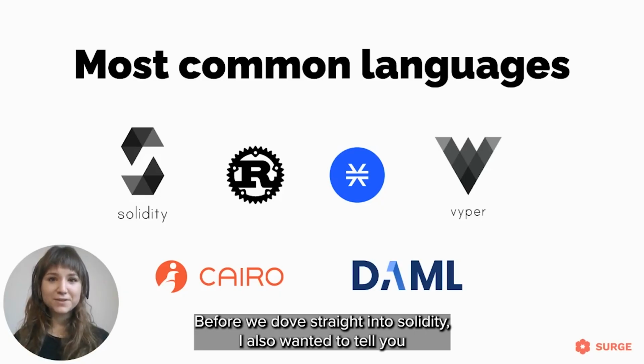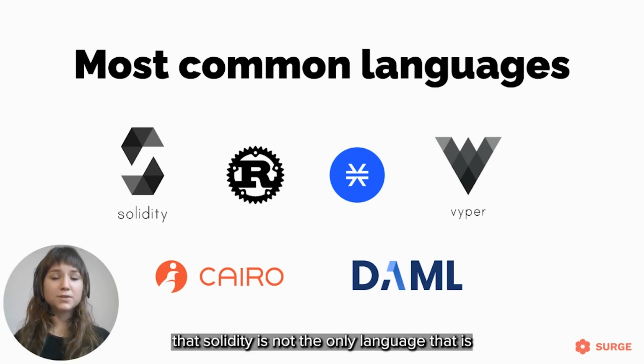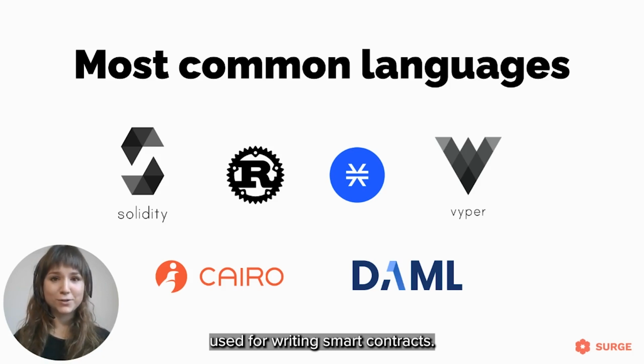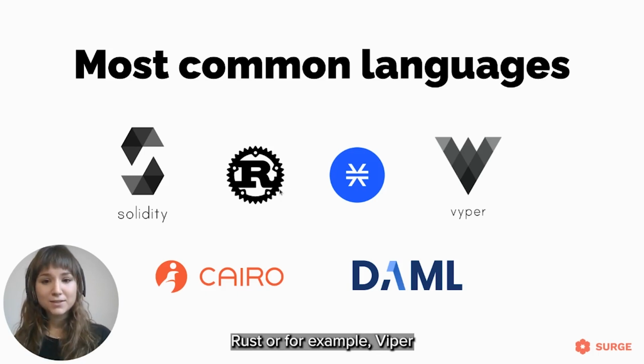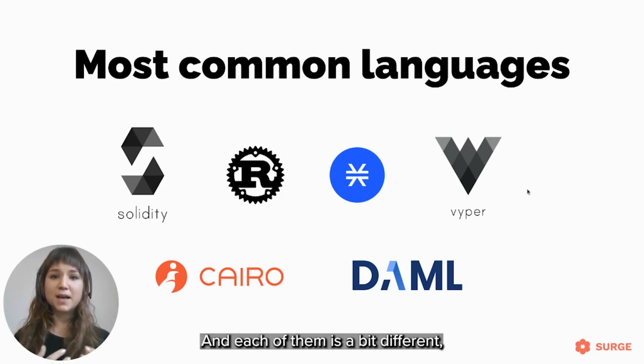Before we dive straight into Solidity, I also wanted to tell you that Solidity is not the only language that is used for writing smart contracts. There are actually plenty of other options, some of the most popular being Solidity itself, Rust, or for example, Vyper. And each of them is a bit different.